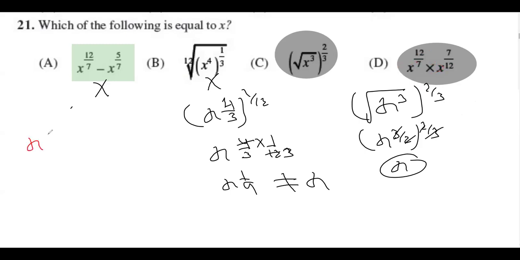So clearly this is x raised to the power 12 by 7 added with 7 by 12. On simplifying this, on taking LCM, we are going to get x raised to the power 193 divided by 84, and that is not equal to x. Therefore, C is the correct option for this.